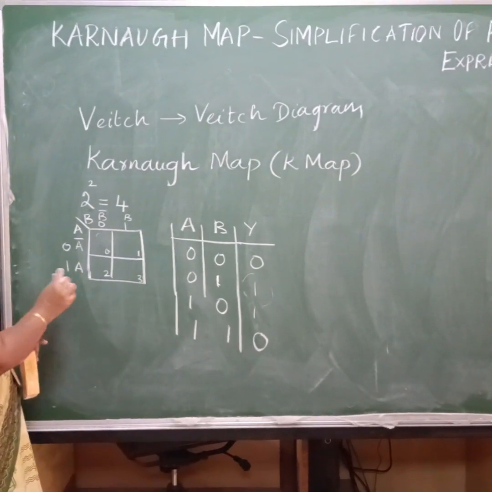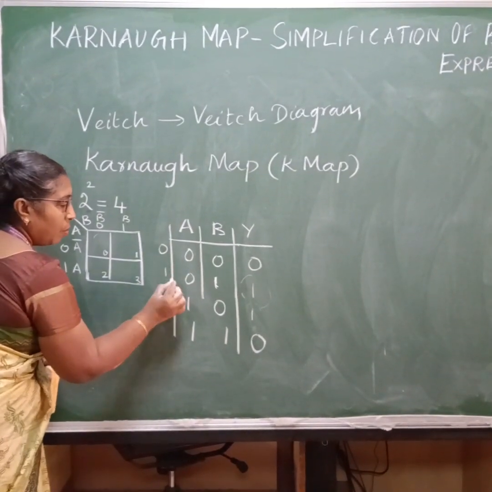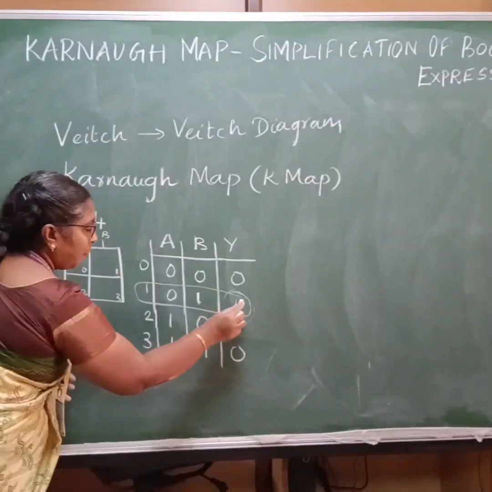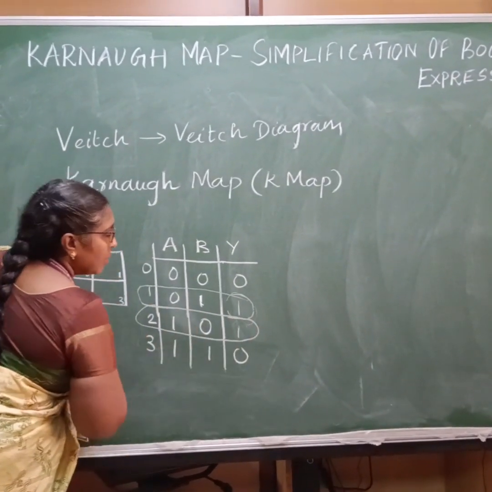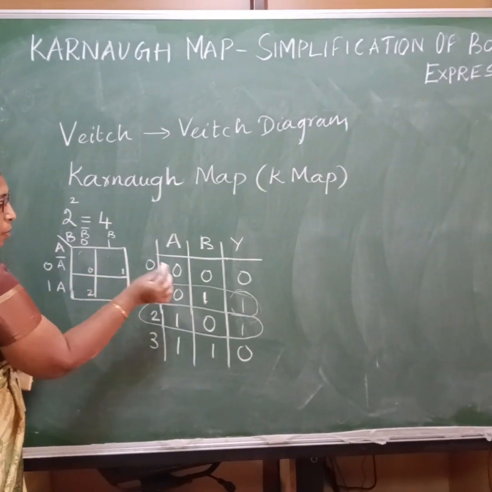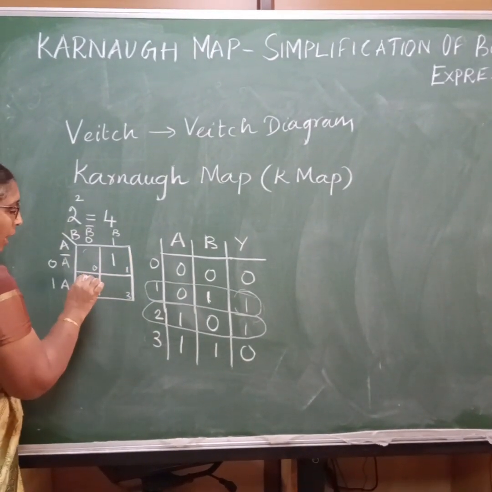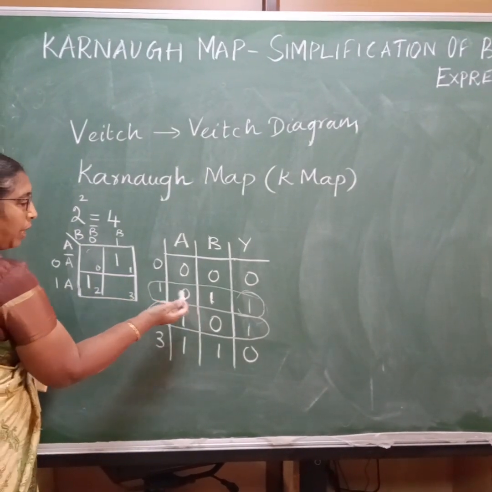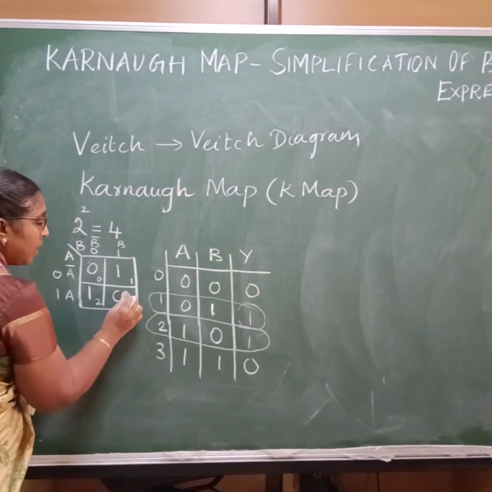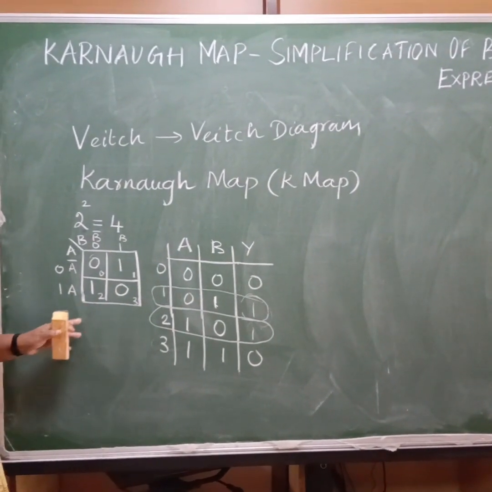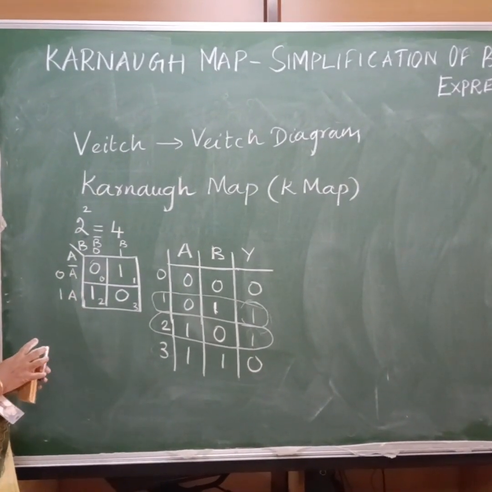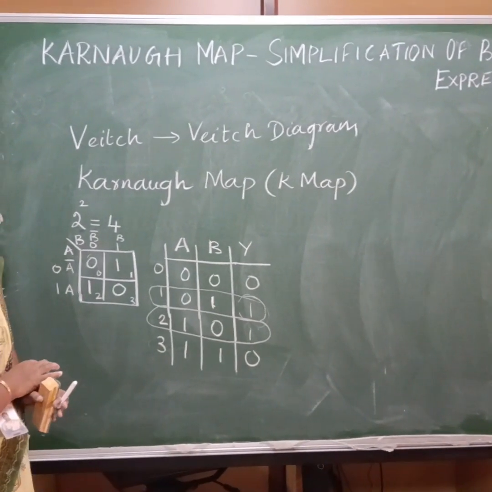The second and third cells have the output as 1, so that is how we represent the cells. The K map shows the truth table outputs as 1 and 1, and the remaining cells are represented as 0. Then, by plotting the K map, we group the ones and find the expressions.